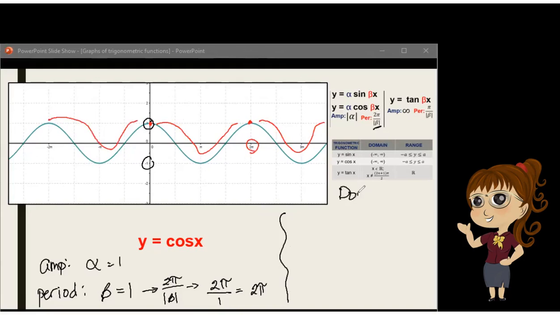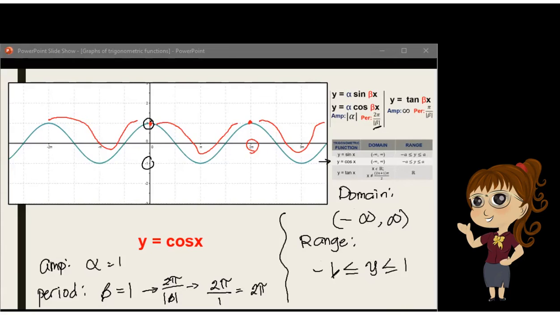Now, for the domain, we look at the second row and we see that the domain is negative infinity to positive infinity. And then for the range, my friends, we substitute the value of alpha. So you have -1 up to +1.